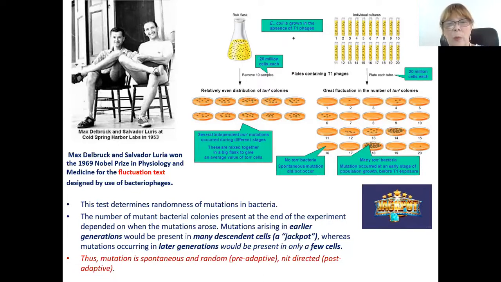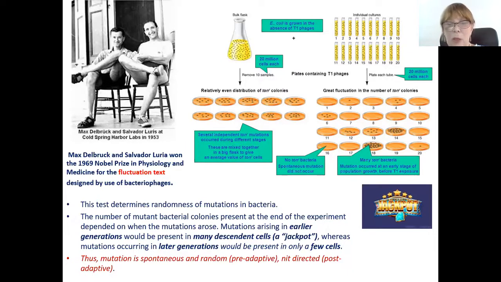The number of mutant bacterial colonies present at the end of the experiment depended on when the mutations arose. Mutations arising in earlier generations would be present in many descendant cells. You can see here and here, these are the mutations that arose much earlier than the others, and this is like a jackpot.